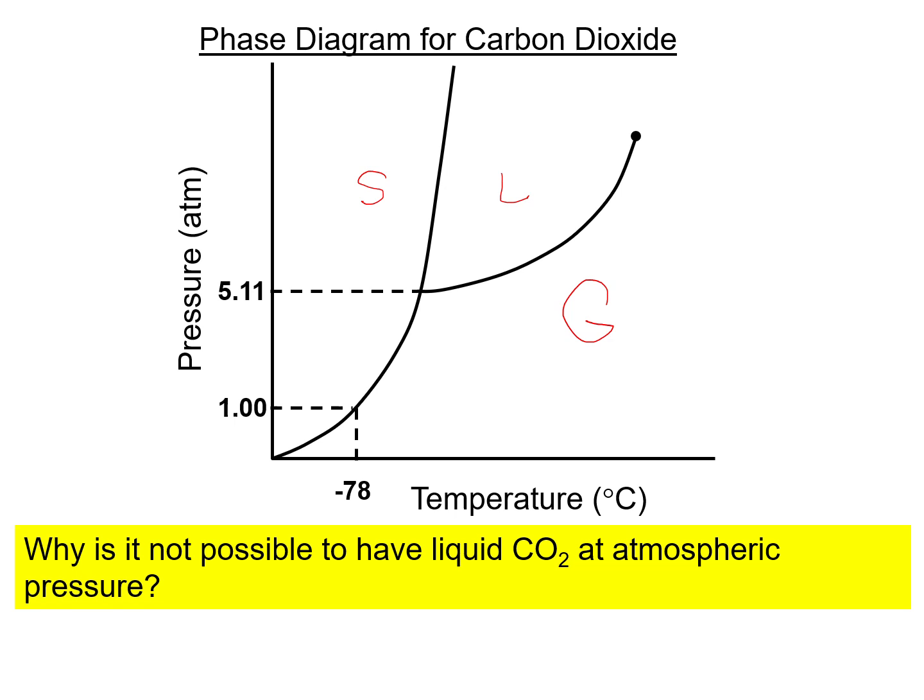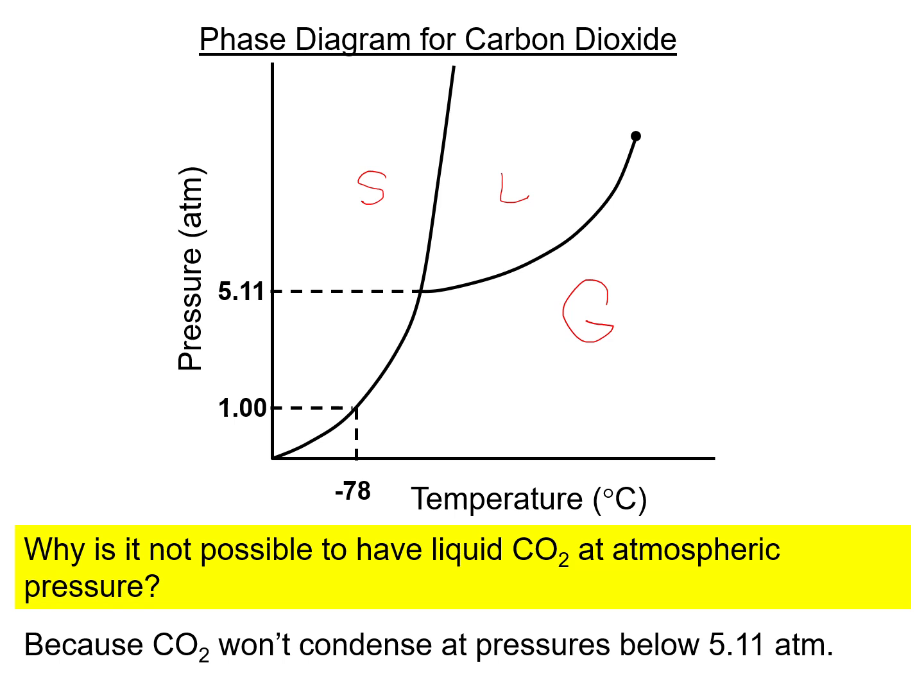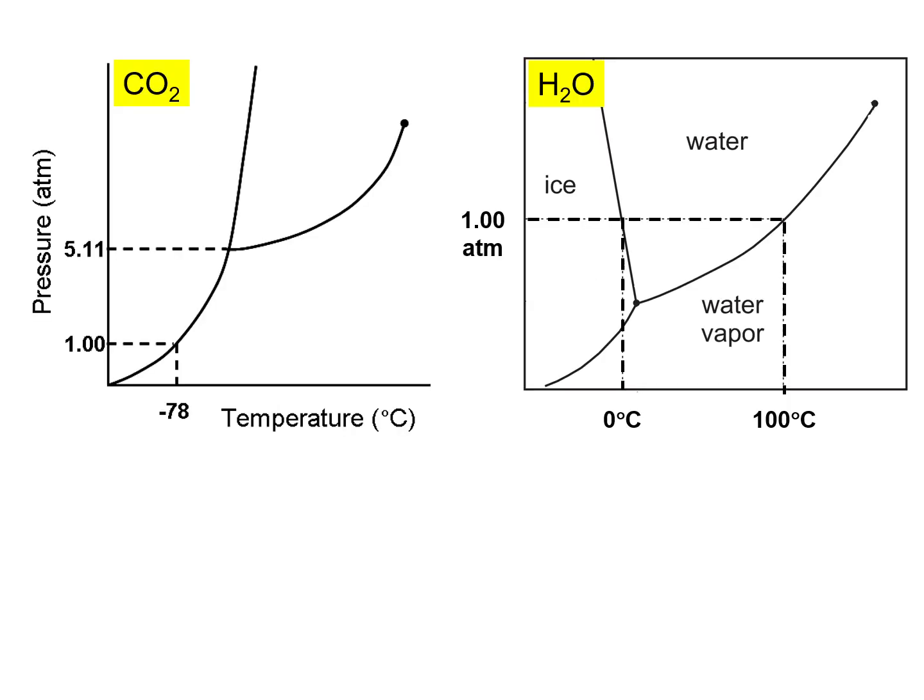So the reason why is because you can't actually have liquid CO2 until you have at least 5.11 atmospheres worth of pressure to keep those nonpolar molecules in close contact with each other. So that's one interesting question that we could answer by looking at phase diagrams.